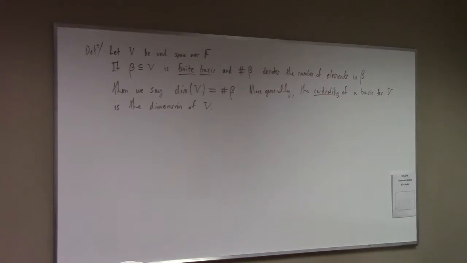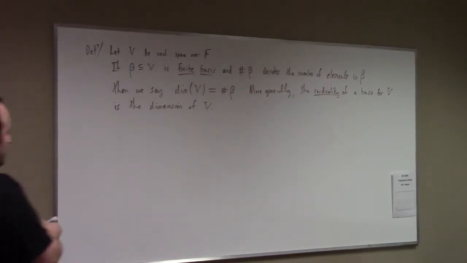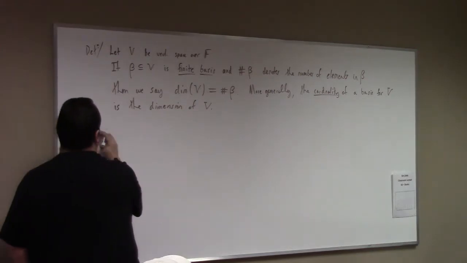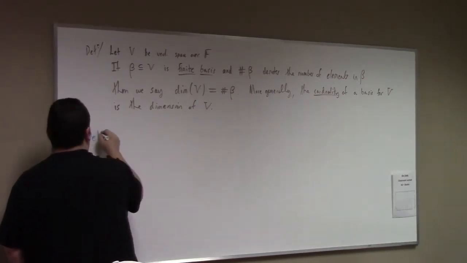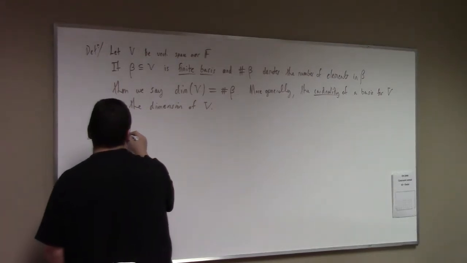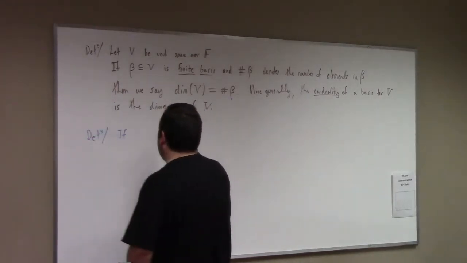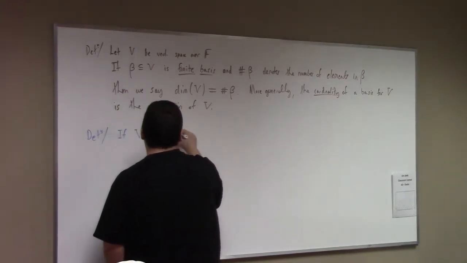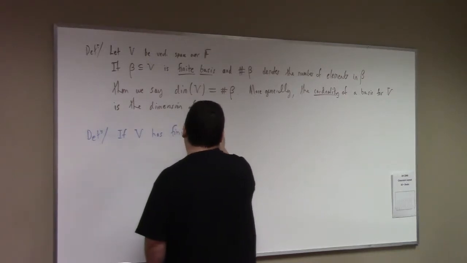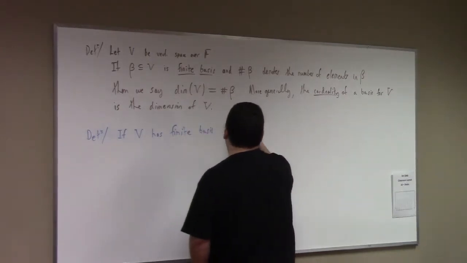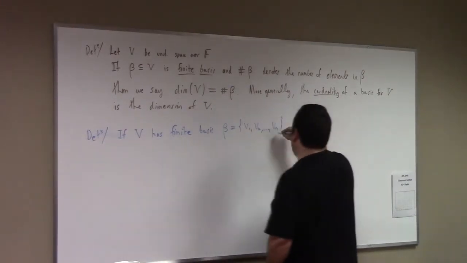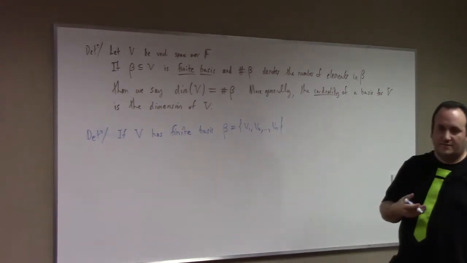All right. So let me just get some examples out here. Well, actually, let me make another definition while we're at it before I even do that. Definition. If V is a vector space that has a finite basis, let's say beta, and I'll say v1, v2, ..., vn. All right, suppose that that's the finite basis for V over F, all right?